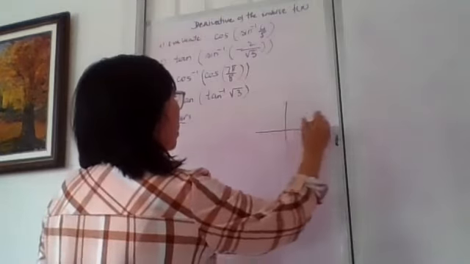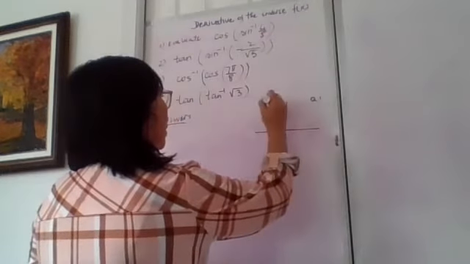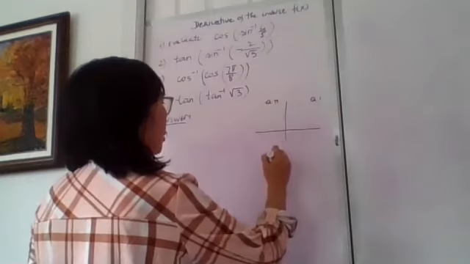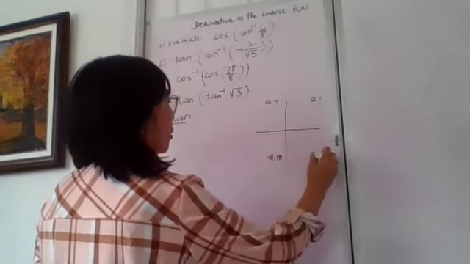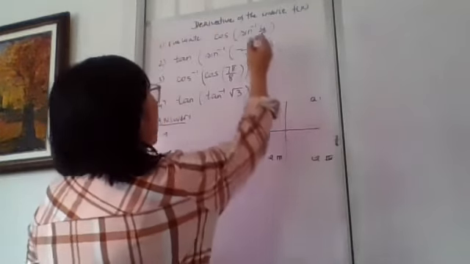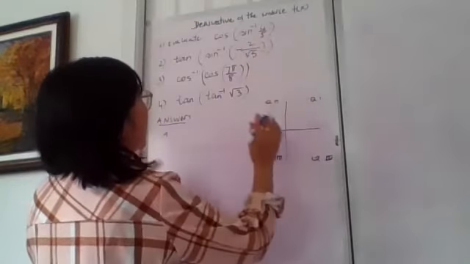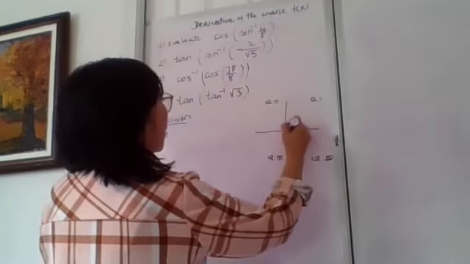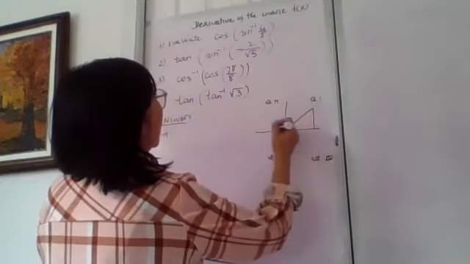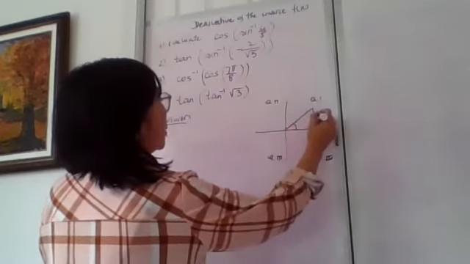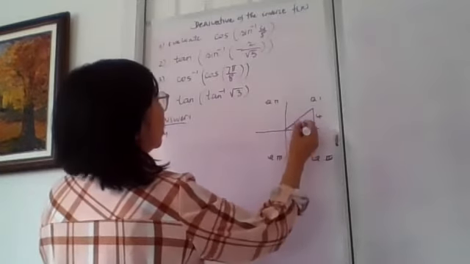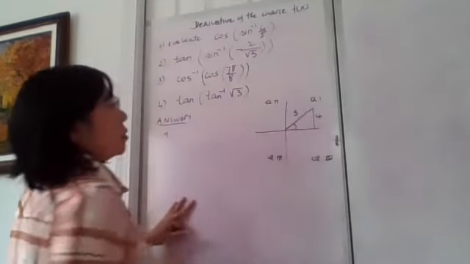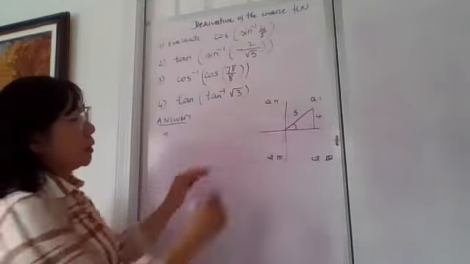So let's say we have quadrant 1, quadrant 2, quadrant 3, and quadrant 4. So we have sine of 4/5. This is the angle, and sine equals opposite over hypotenuse, which is 4 over 5. So we make the triangle.